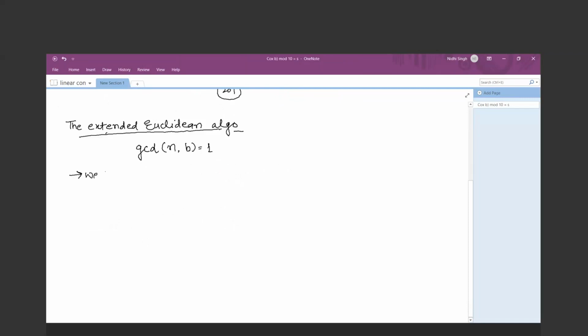Also, we do not need to find the value of s. There is no need to find s, you just have to find the value of t. This value of t will be the multiplicative inverse of b in Zn.